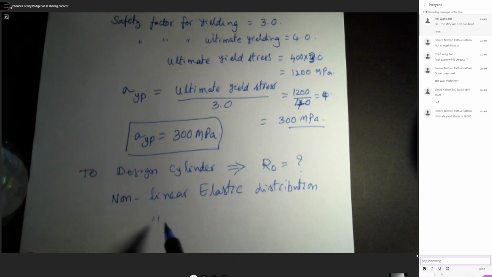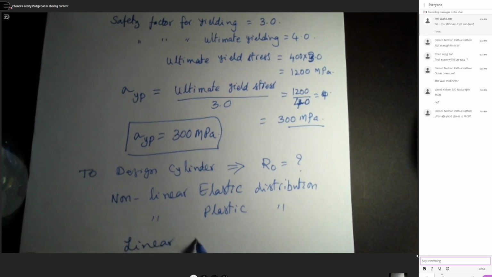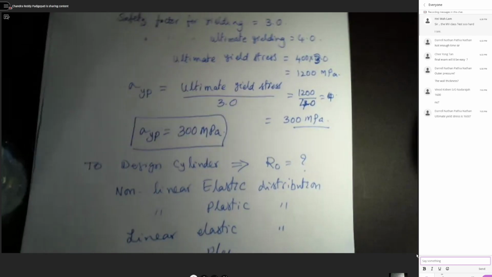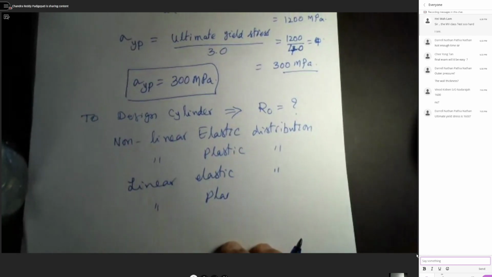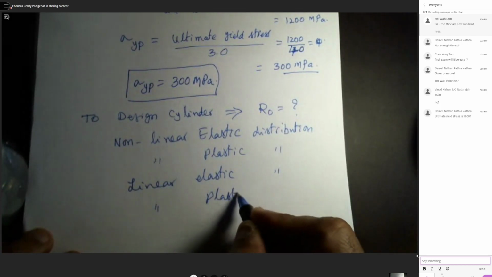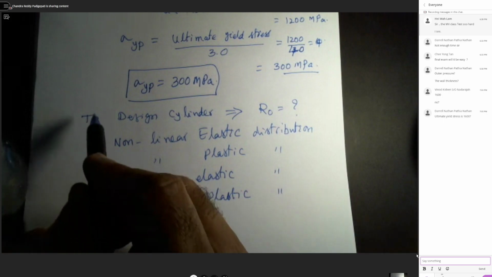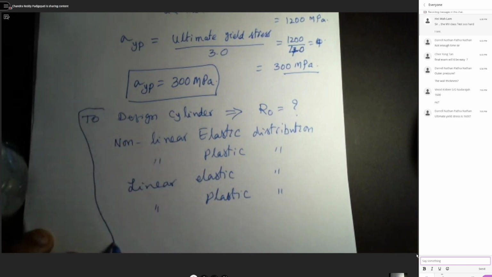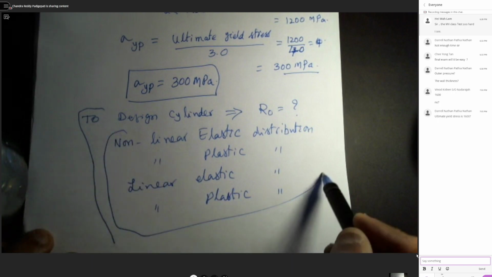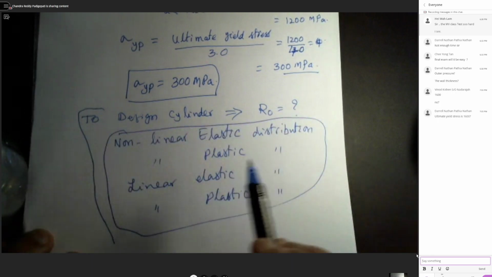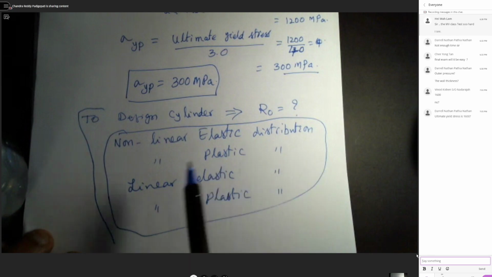We need to do this for all four stress distributions.